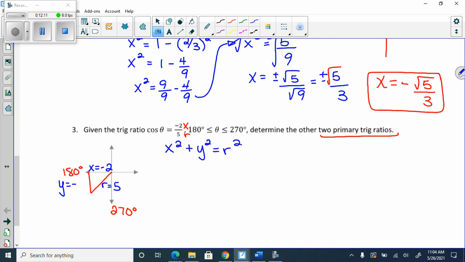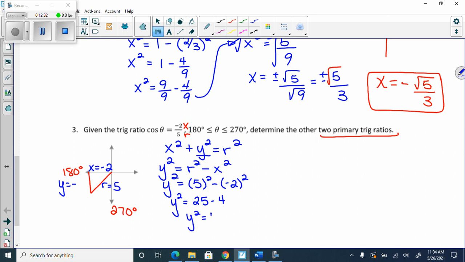Now I want to solve for y, so I'm going to subtract the x squared over. So I'm going to get r squared minus x squared. So y squared equals 5 squared minus negative 2 squared. Y squared equals 25 minus 4. Y squared equals 16.